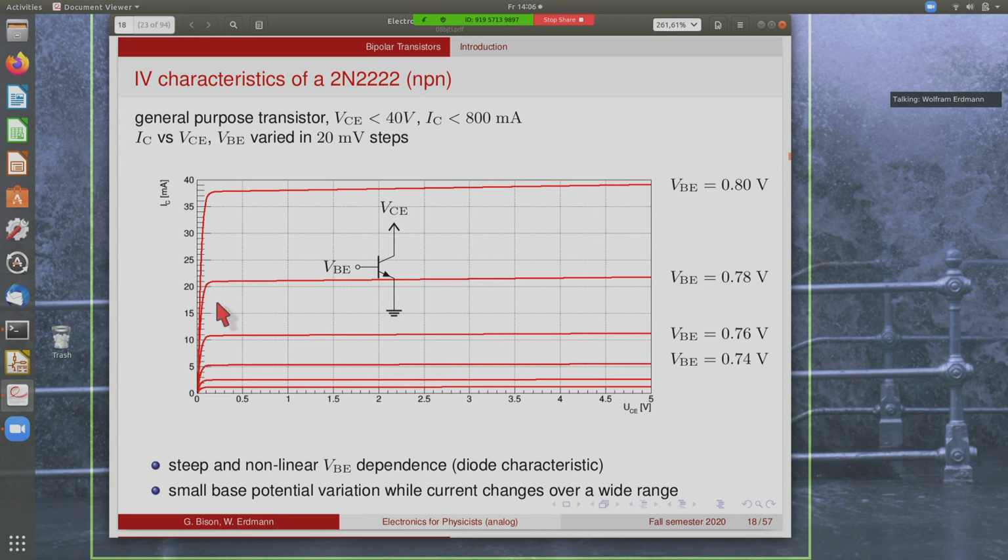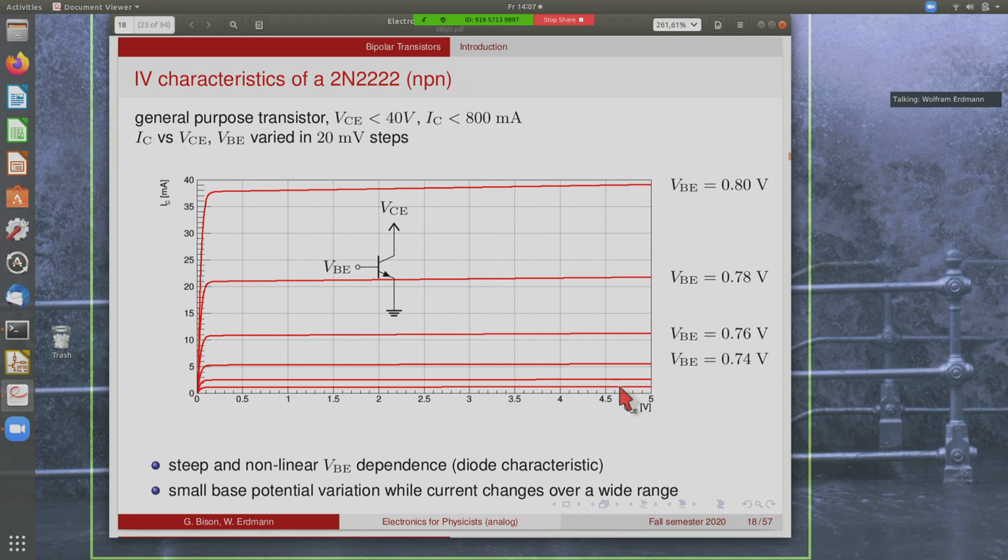Now, unfortunately, the naming of these regions for the other type of transistor that we'll come back to later is just the opposite. This one will be called the saturation region, just to confuse you. But here this is called the saturation region because the base is saturated with carriers. And we are mostly interested in this linear or active region here.